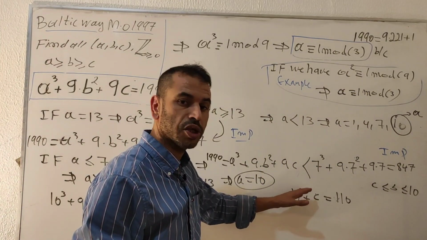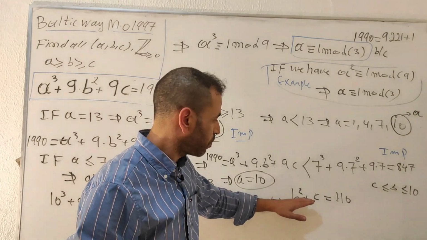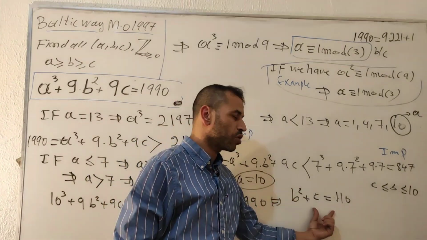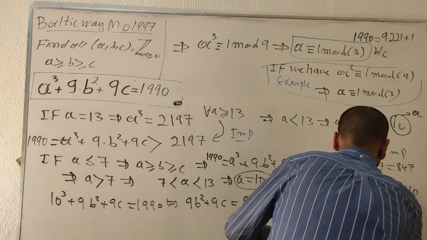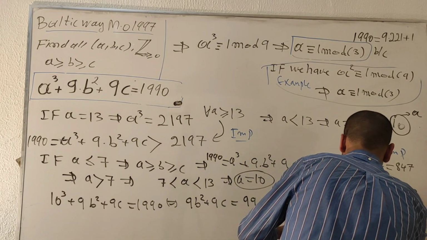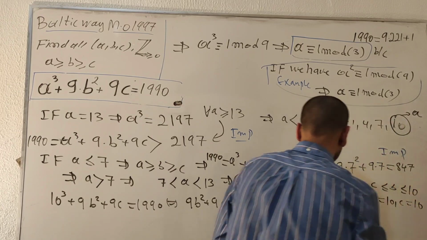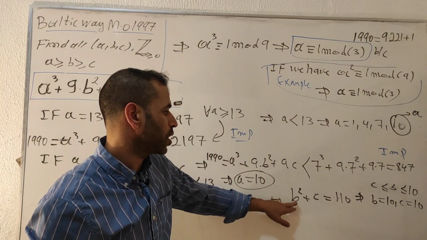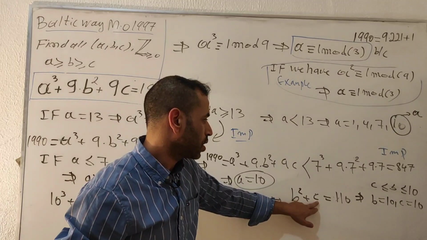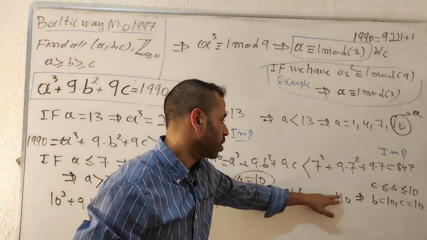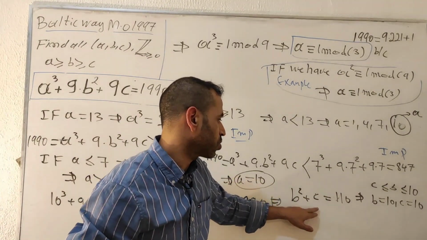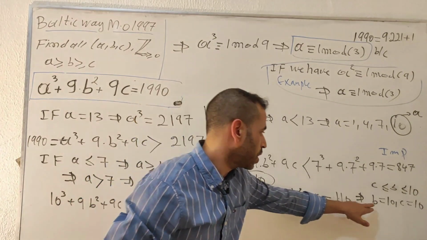Let's guess and check which appropriate values of b and c satisfy this equation. So if you check, you find b equals 10 and c equals 10. Why? Because replacing b with 10, I get 100 here, and I get 10 here, which is 110. There is no other value that can verify this except 10 and 10.